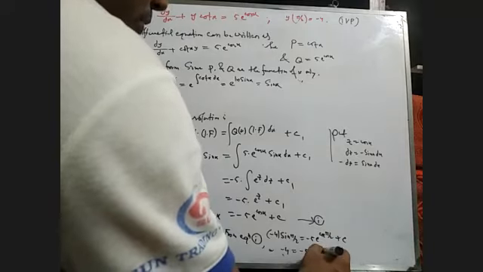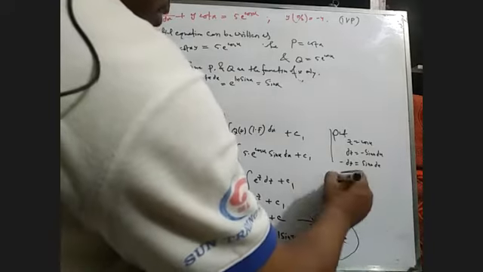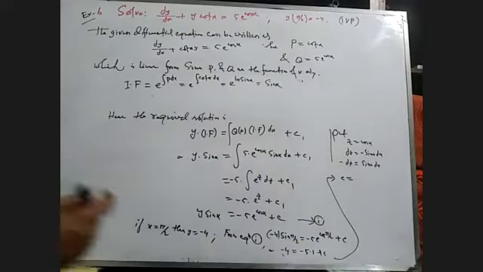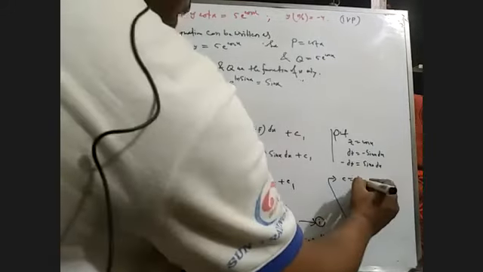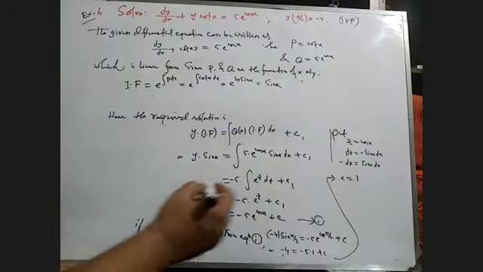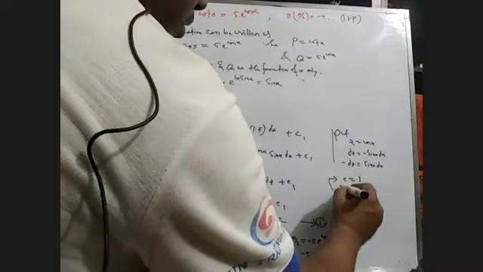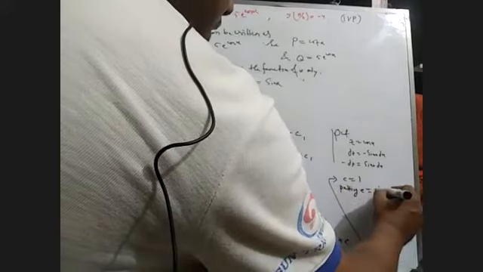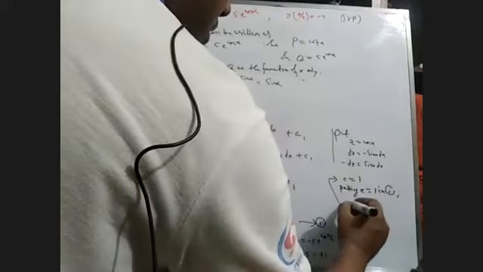Okay. So from this c equals to what we get? From this c equals to 1. So therefore putting c equals to 1 in equation 1.